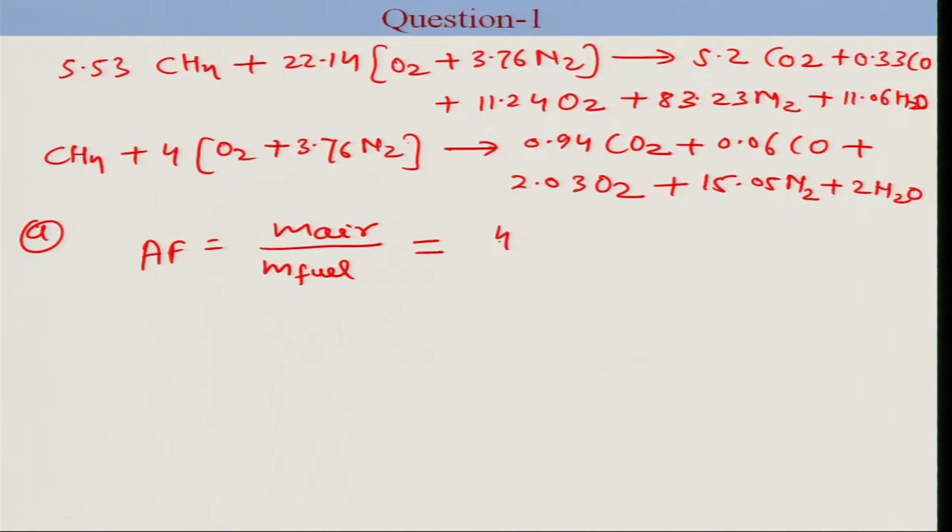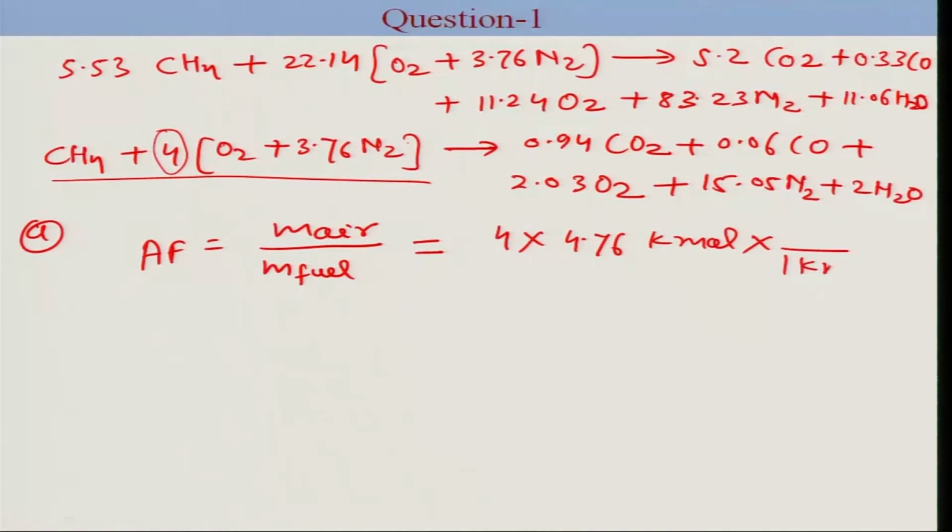So stoichiometric coefficient of this reaction, if you see, so stoichiometric coefficient is 4 for air multiplied by total kilomole of air, so which is 4.76 kilomoles, and since 1 kilomole of air contains 29 kg, okay, divided by mass of the fuel, that is mass of carbon plus mass of the hydrogen.